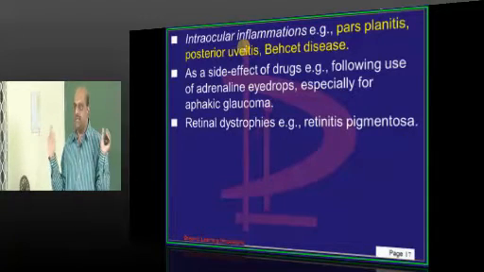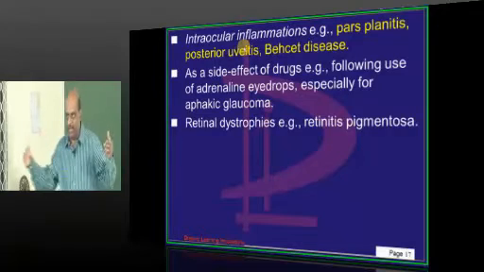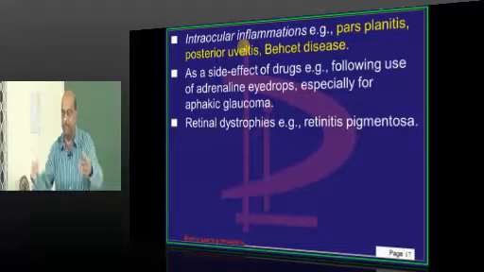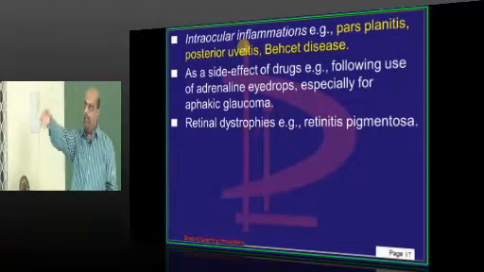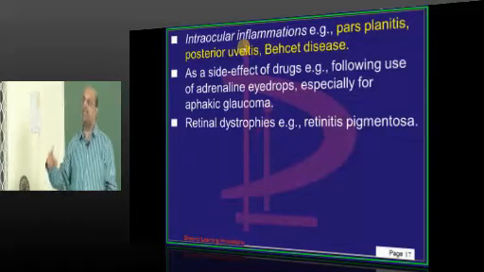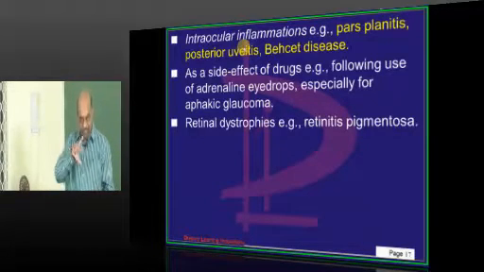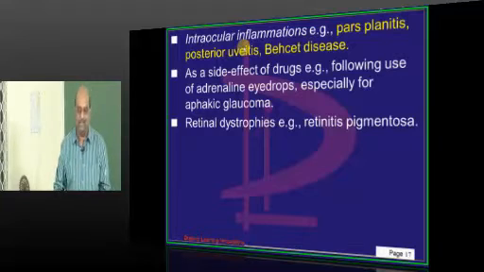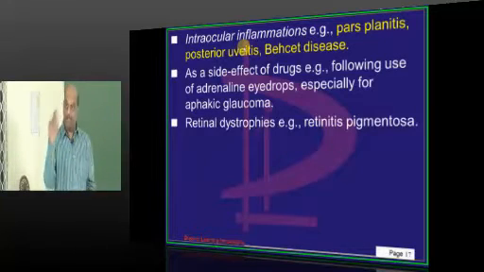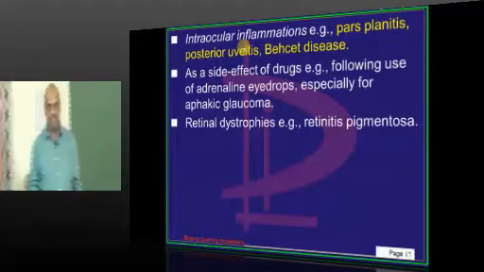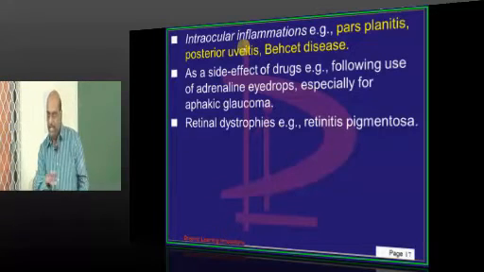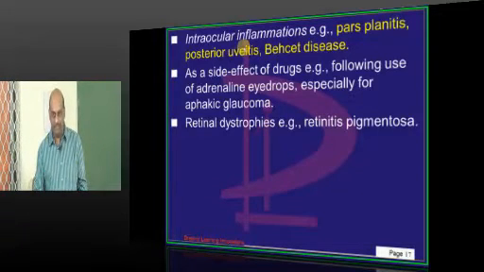Retina also starts at ora serrata. Anteriorly the boundary is ora serrata. So, any inflammation of the pars plana can lead to the seepage of the fluid between the layers of the retina. So, pars planitis, posterior uveitis. Suppose if there is an underlying choroiditis, it can lead to cystoid macular edema.